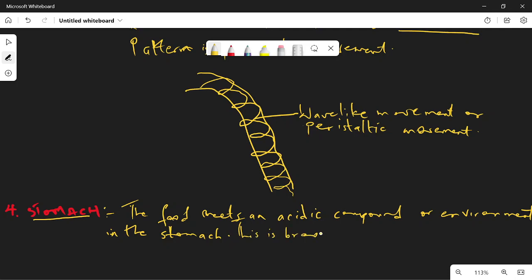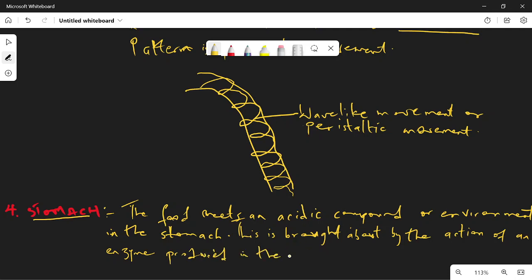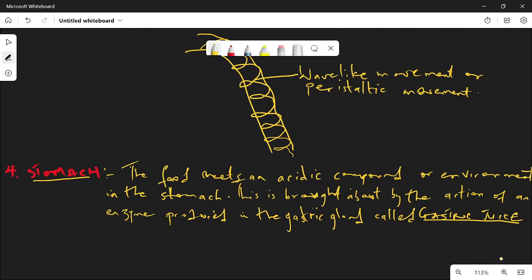This is brought about by the action of an enzyme produced in the gastric gland, called gastric juice. This particular enzyme is called what?